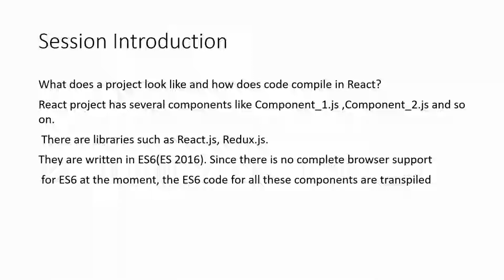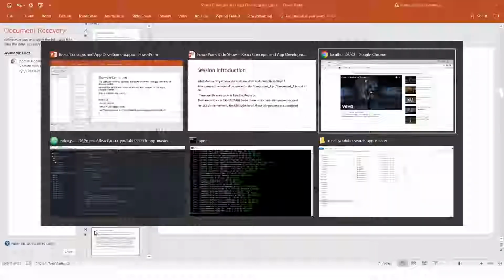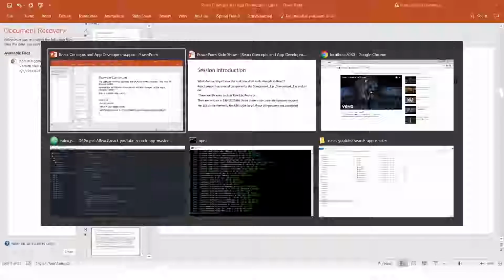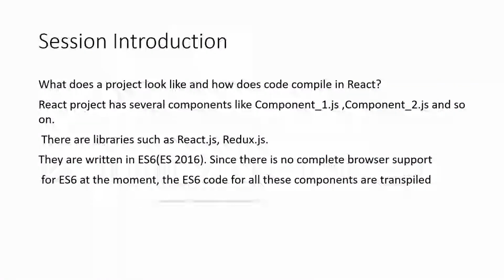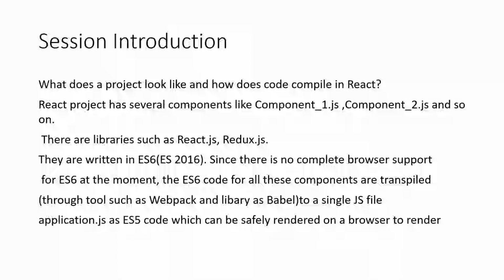So the ES6 code for all these components is transpiled through tools such as Webpack to a single JS file, application.js, which is ES5 code that can be safely rendered on a browser to produce HTML.